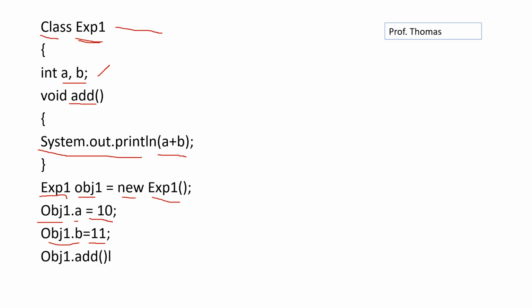Now we access the method: obj1.add. It will print 10 plus 11, which is 21. Now I think we know how to create objects.